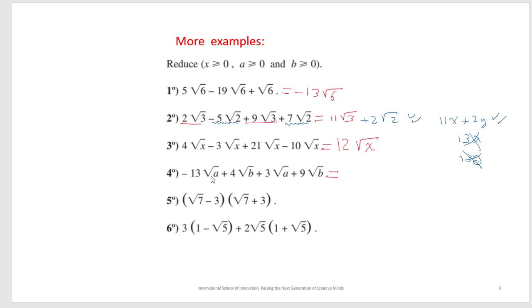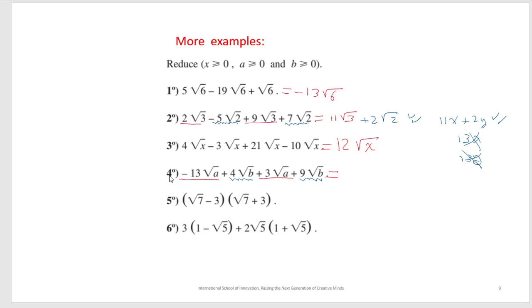Negative 13 radical A plus 4 radical B plus 3 radical A plus 9 radical B. Okay. So I have the negative 13 radical A plus 3 radical A all together and 4 radical B and 9 radical B together. So let's do the first two.